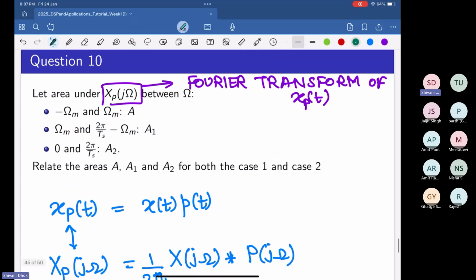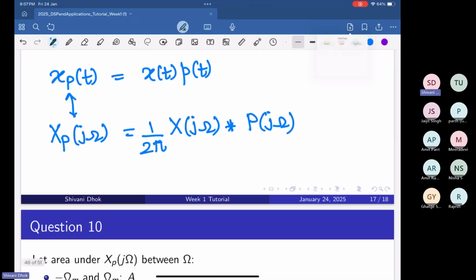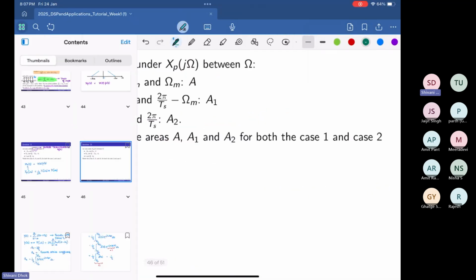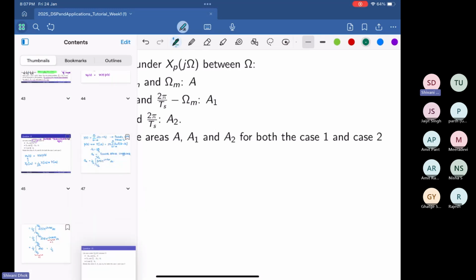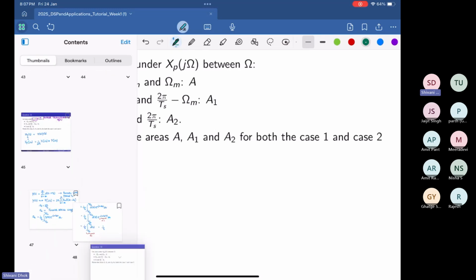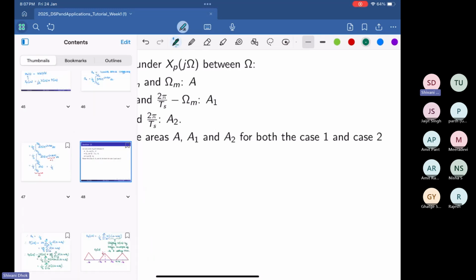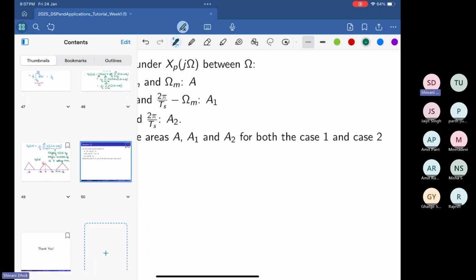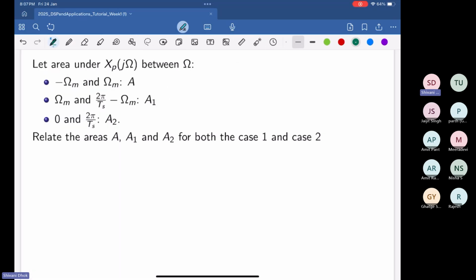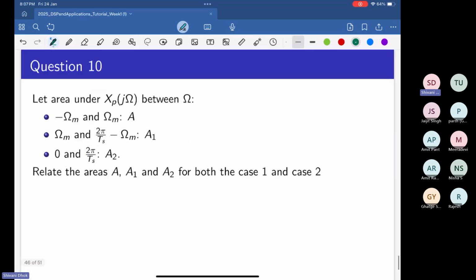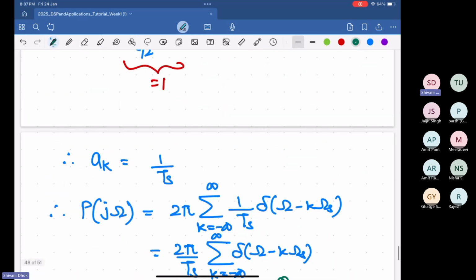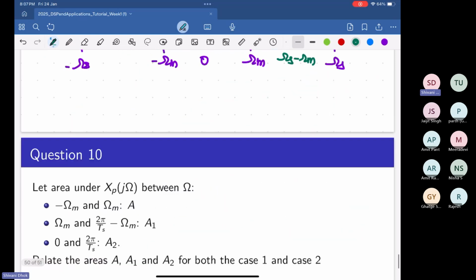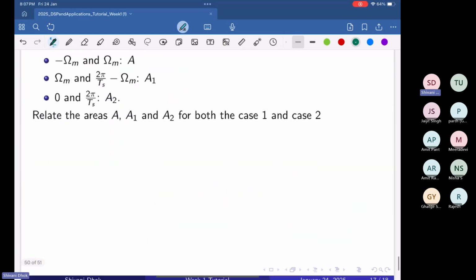I'll just copy this and move the page. So we have two cases, and let us start with case one.